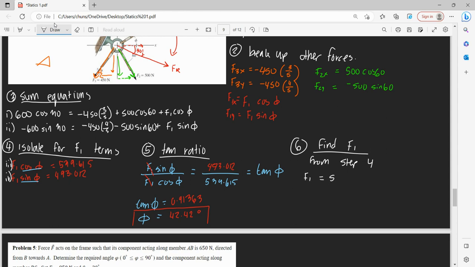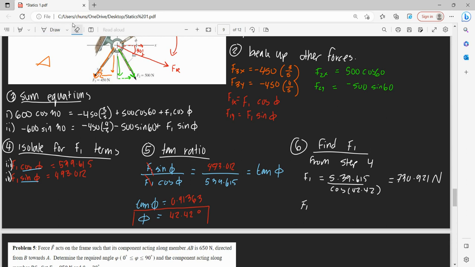F1 equals 539.615 over cos 42.42. That's equal to, this is 730.921 newtons.